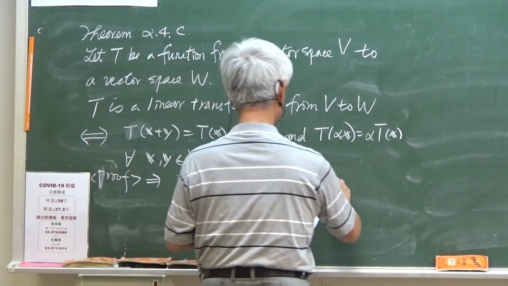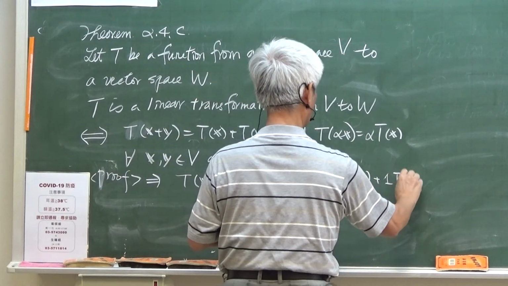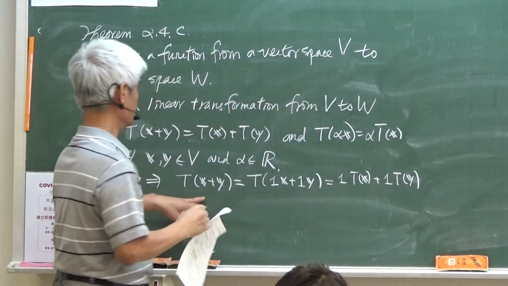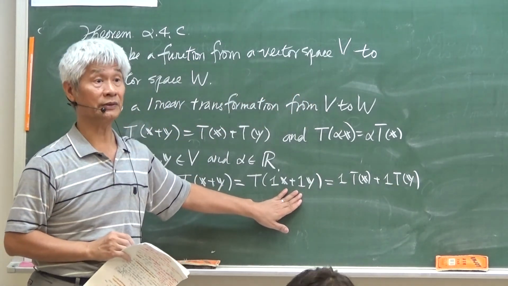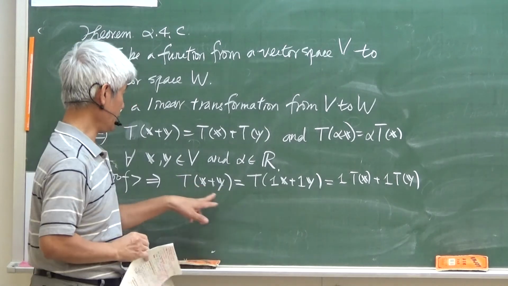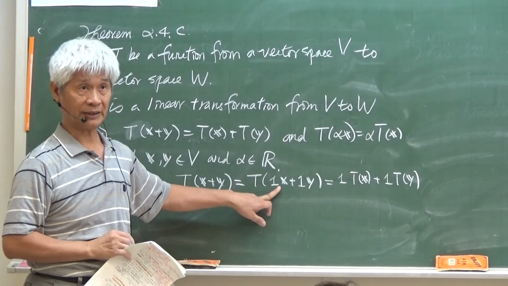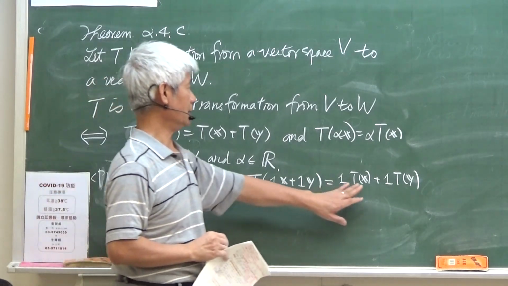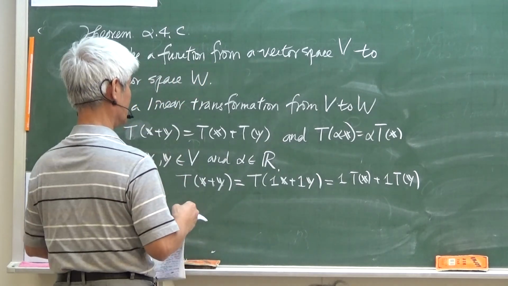And so this is 1 T(x) plus 1 T(y). And why can we have this? We use axiom 7, the unitary property, because x is equal to 1 times x. And this is because T is a linear transformation.